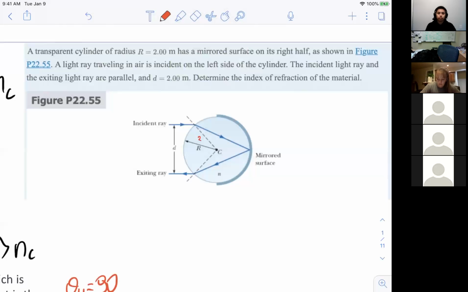So this problem actually is a trigonometry problem. We will use the physics at the end. So this is also a radius, 2 meters. The distance between the two rays is 2, which means half is going to be 1 meter and 1 meter.